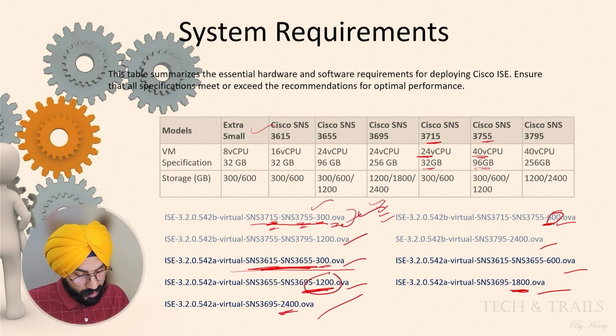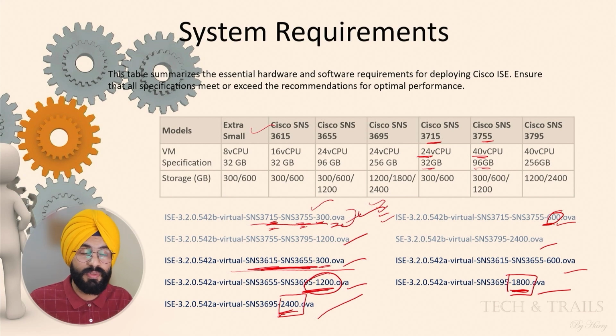Most of the cases we go with 1200 because this can also store logs for a large deployment. But if we have an extra large deployment where the PSN count is more than 20, we can go with 1800 or 2.4 TB storage in the MNT node in order to store the logs.